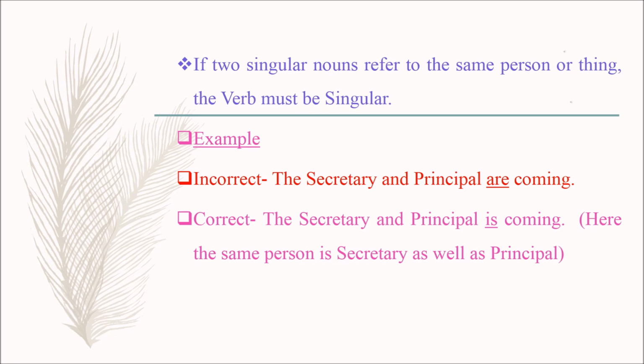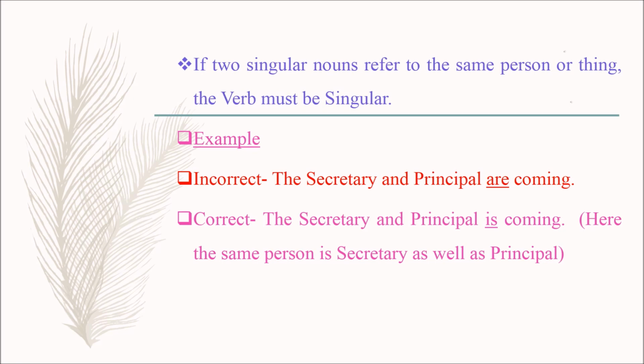First, look at the sentence. The secretary and principal are coming. Is that a correct sentence? No. The correct sentence is: the secretary and principal is coming. Why? Because here the same person is secretary as well as principal.